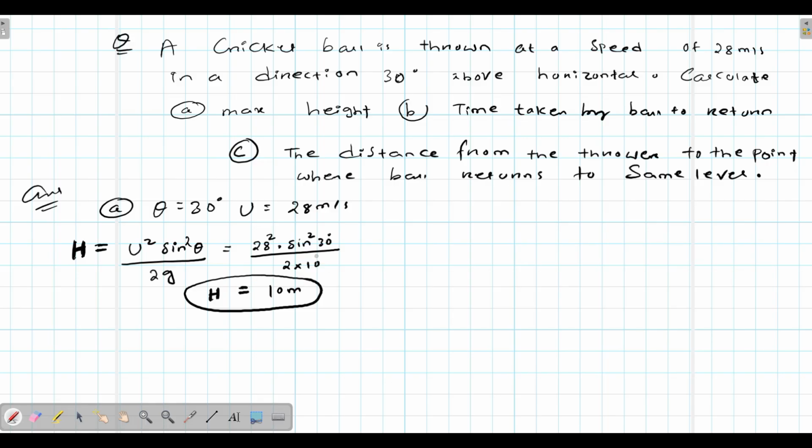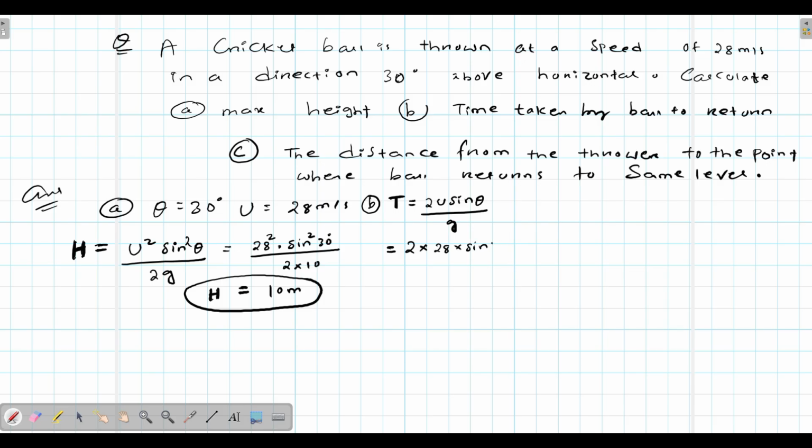Second, the time taken by the ball to return. So that is the time of flight. T equals 2u sine theta divided by g. 2u is 28, sine theta is sine 30, divided by g.